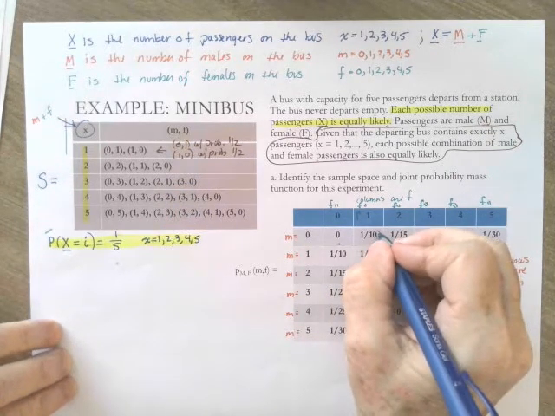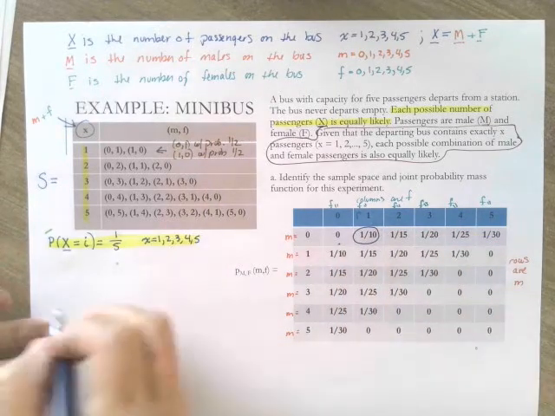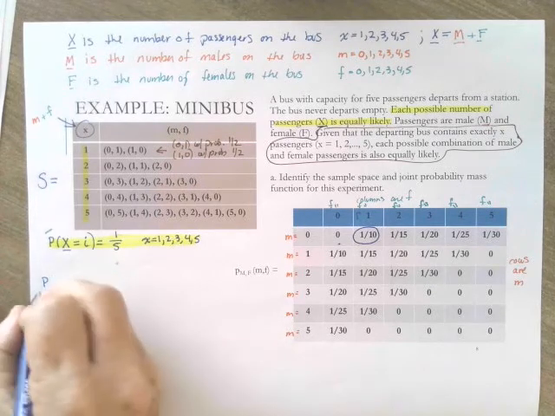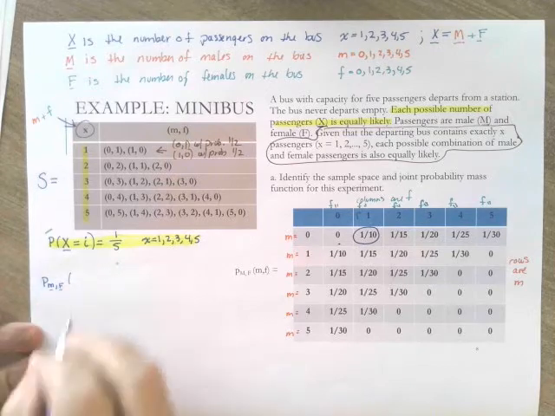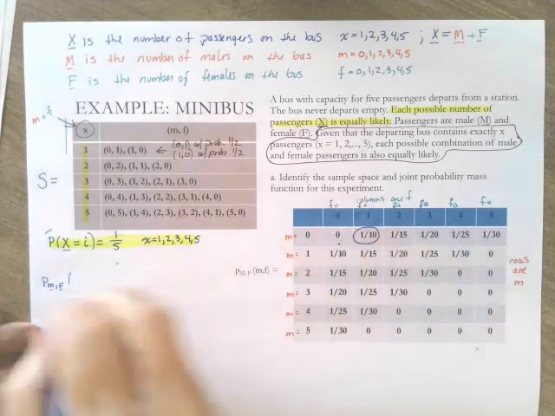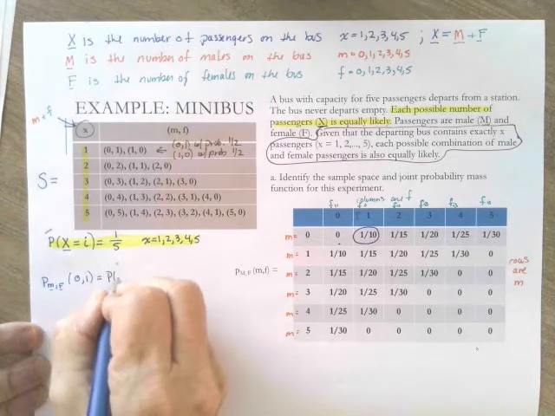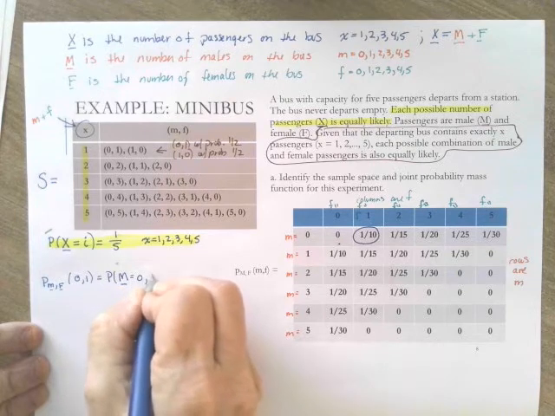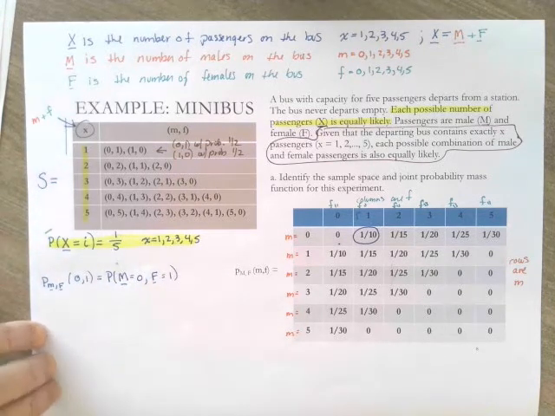Let's grab this one right here as an example, okay? So if we wanted to figure out P, and we'll call this MF, of 0, 1, we know that that is the probability that the number of males on the bus is equal to 0 and the number of females on the bus is equal to 1.